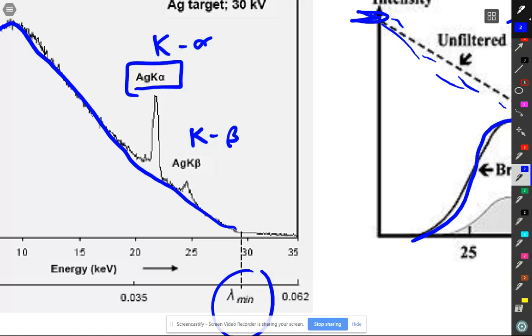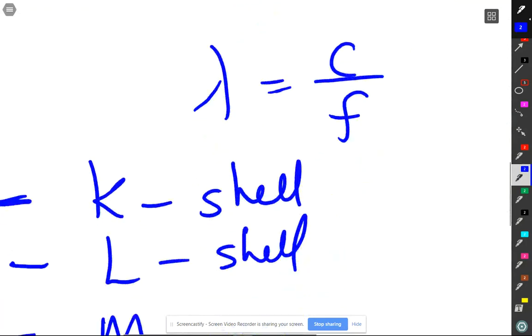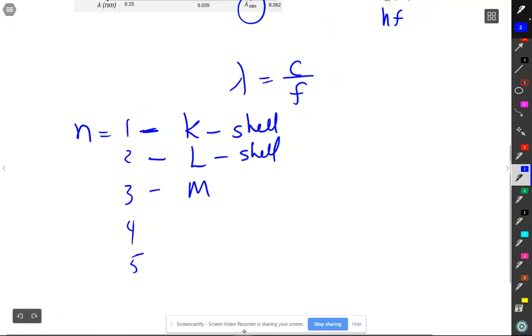The one with the bigger energy is the one with the, well, does it have a higher or lower frequency if it has a bigger energy? Higher. And if it has a higher frequency, what does that make its wavelength? So this one here with the shorter wavelength is a bigger energy. So K beta is a bigger energy than K alpha. That in and of itself may not be enough to give you the clue, but the number here tells you the shell it goes to, and then alpha means that delta n equals 1.